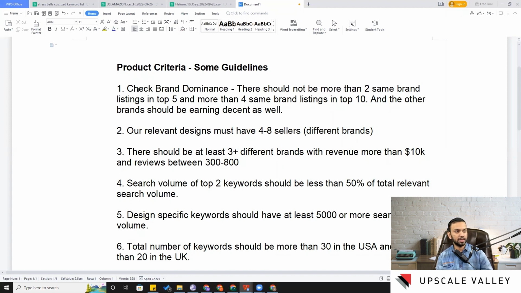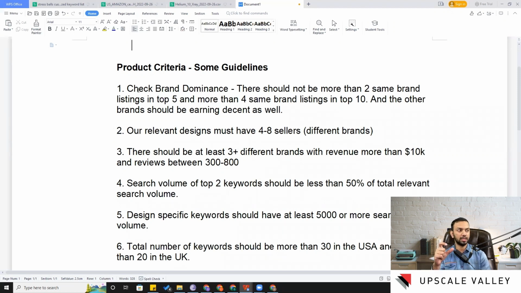The first one is brand dominance. There shouldn't be more than two same-brand listings in the top five, or more than four same-brand listings in the top 10. And if, let's say, there are two listings from a similar brand, say Vaseline, and the third, fourth and fifth are other different brands, those three different brands should be earning well.